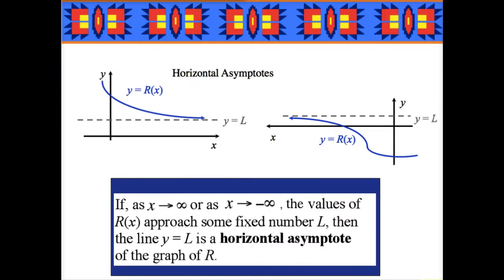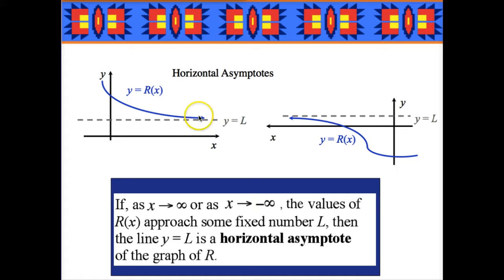Let's review our asymptotes. Think about our horizontal asymptote. If, as x approaches infinity, so if we head towards positive infinity, or if, as x approaches negative infinity, in this second example, the values of our function, in this case r, approach some fixed number L. So if you'll notice end behavior, that's where asymptotes play a part in guiding our end behavior.